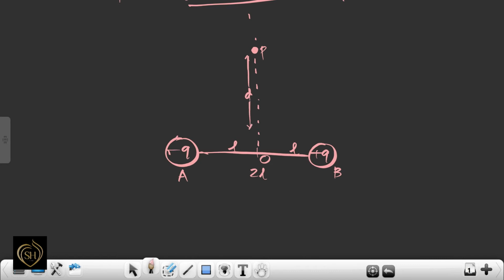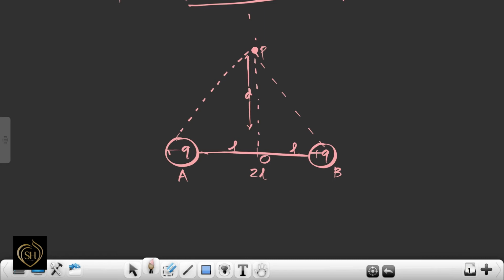Then AP is the distance between point P and charge minus Q. BP is the distance between point P and charge plus Q. We want to find the intensity of electric field at P due to this dipole.